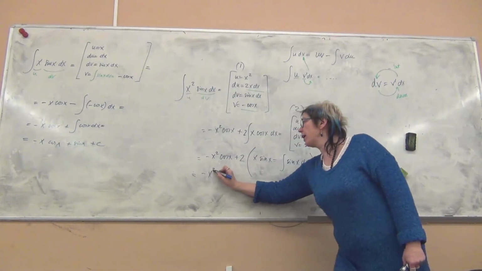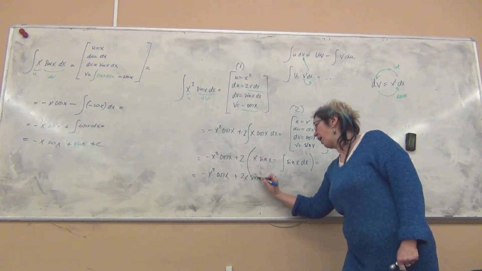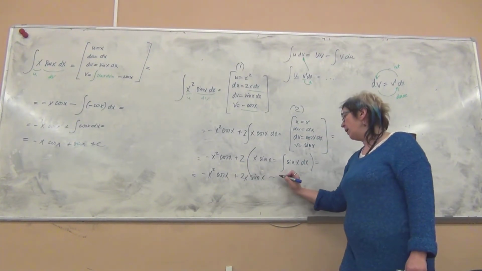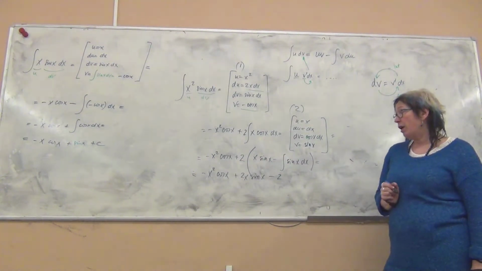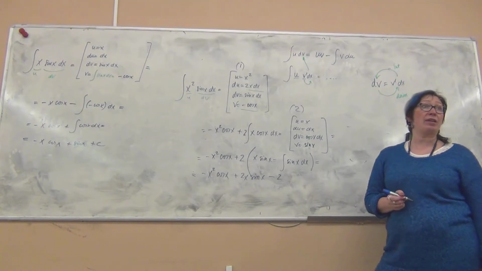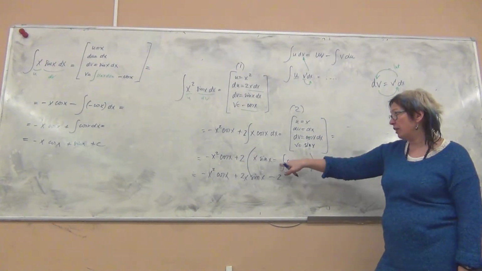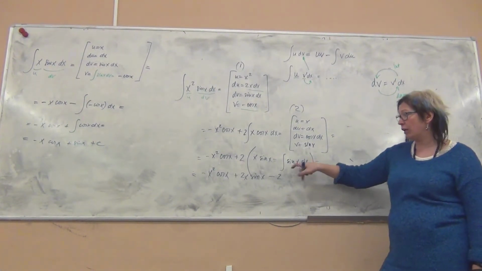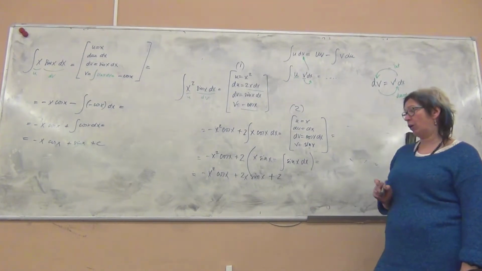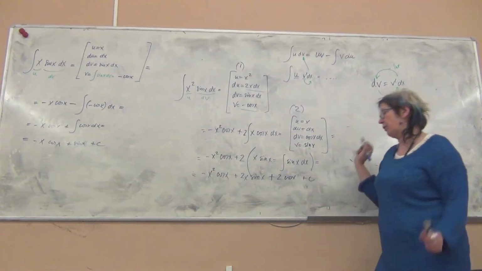So it's minus x squared cosine x plus 2x sine x minus 2, because this 2 applies to the integral as well. The integral of sine x is minus cosine, so I have to remember, because I integrate this, the integral of sine is minus cosine, so I have to change the sign because of integration. Cosine x, and that's all, plus c.